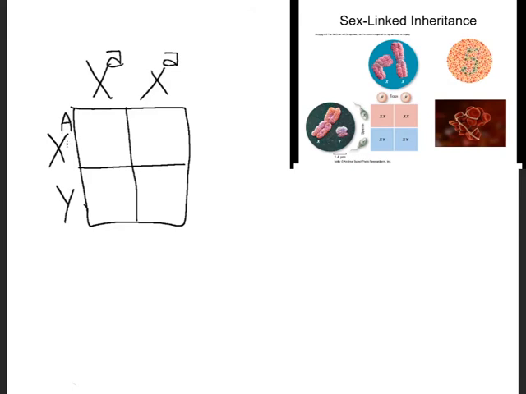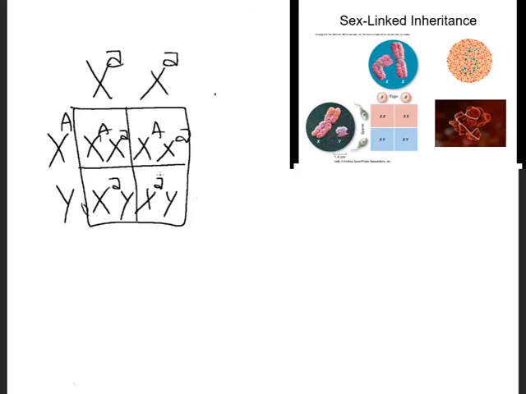He's not colorblind, so he must have the dominant allele. So when we put these together, we find that none of the daughters will be colorblind. The reason for that is because they have basically the dominant recessive. But let's look at the sons. 100% of the sons will be colorblind.